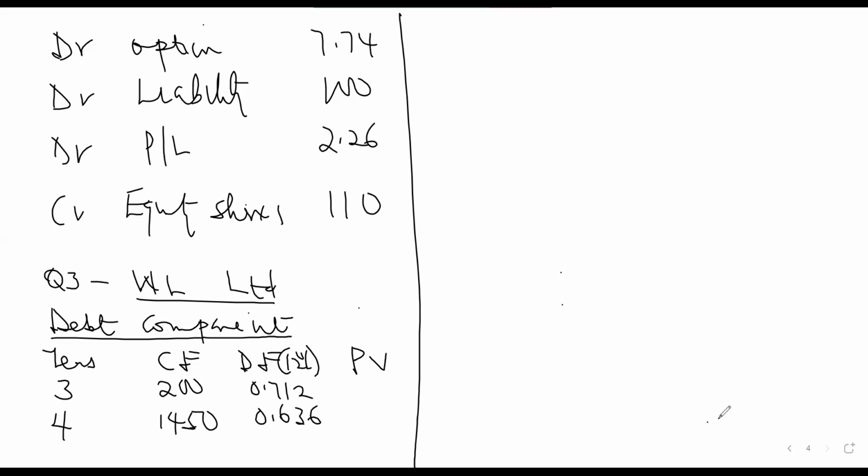What are we having as the cash flow for them? 142.4 and 1450 multiplied by 0.636. I'm having 922.2. Okay, plus 142.4. Okay, I'm having 1064.6. Is that correct?